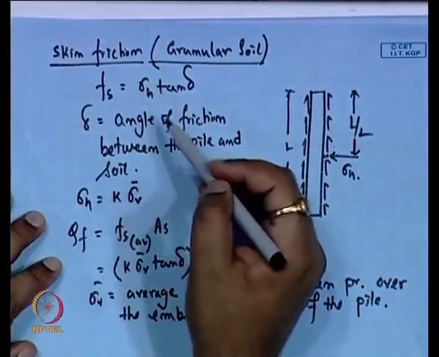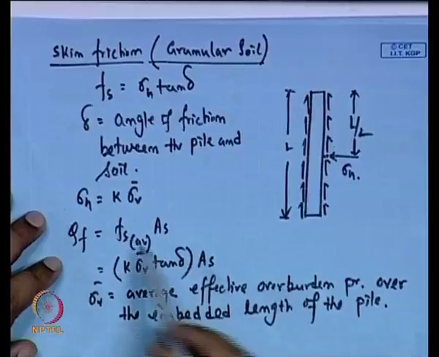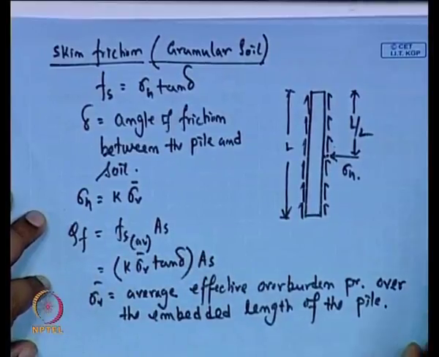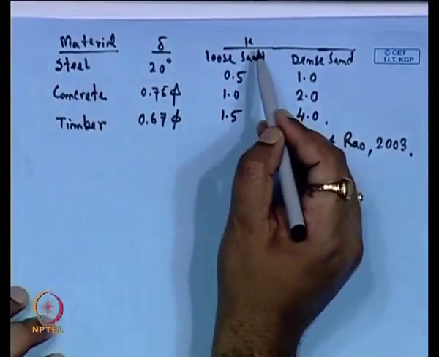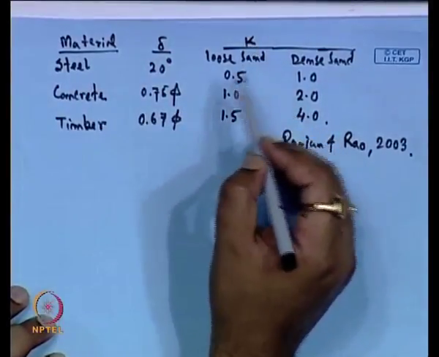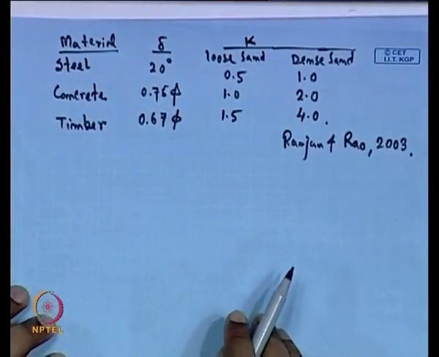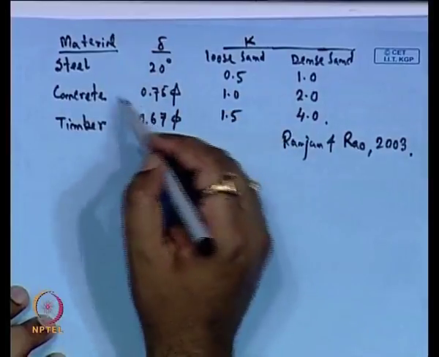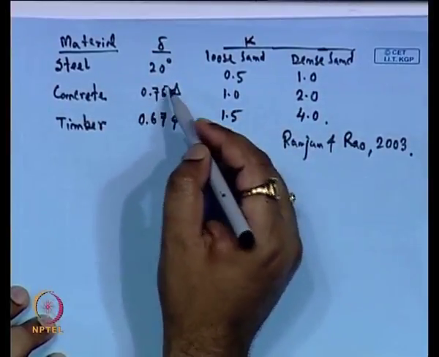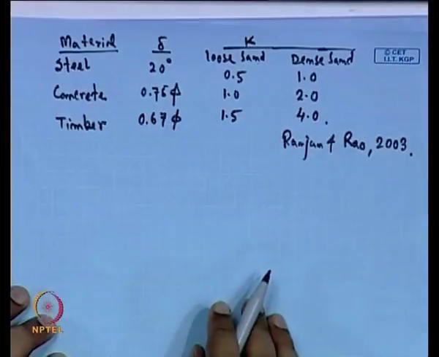Here we calculate sigma v into tan delta, and then multiply to get the friction resistance, and this is the k value we get. That is why we are talking about loose sand and dense sand, and different materials: steel, concrete, timber. For steel, delta is 20; for concrete, 0.755; and for timber, 0.675.